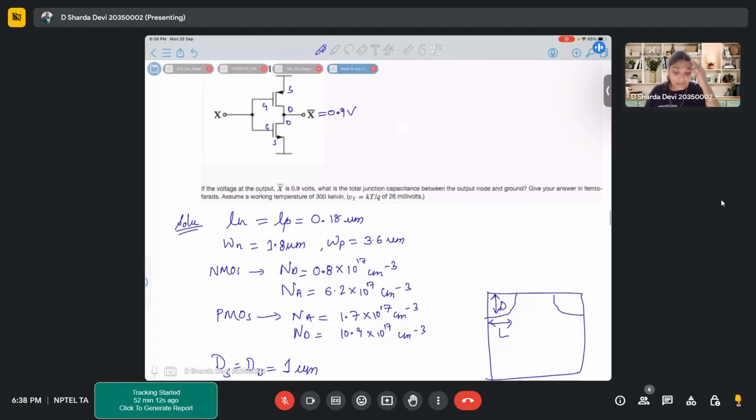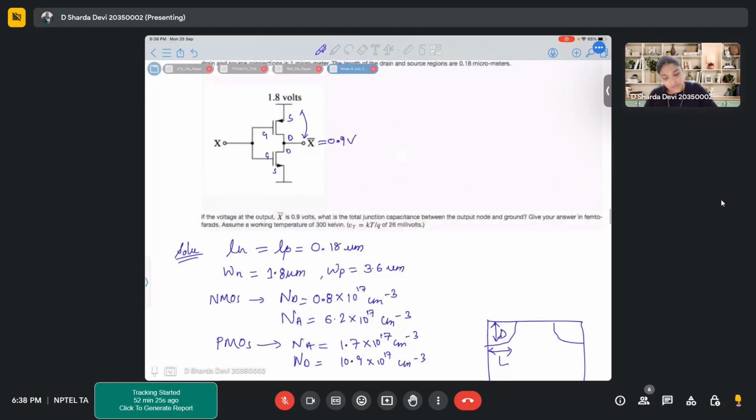So when you have 0.9 volts at your drain, that means in case of PMOS, your VSD is 0.9 volts. In case of NMOS, again your VDS is also 0.9 volts. So there is a certain amount of voltage that is being dropped across your transistors, and let's see how it will change your capacitances.